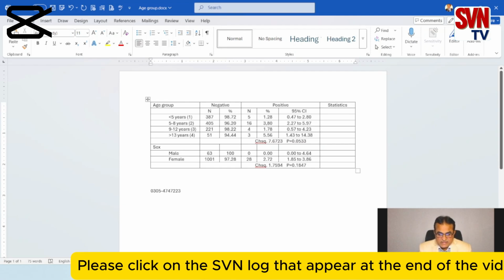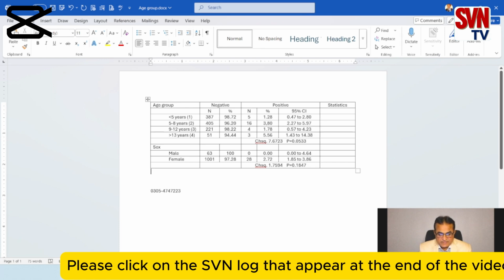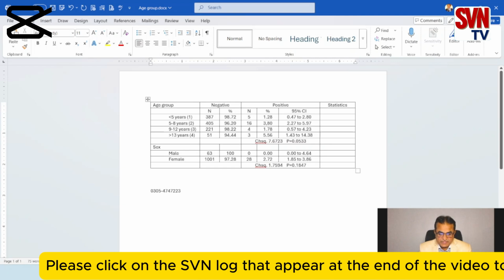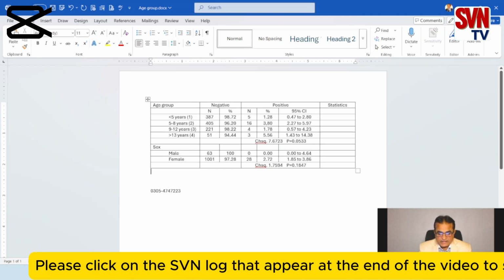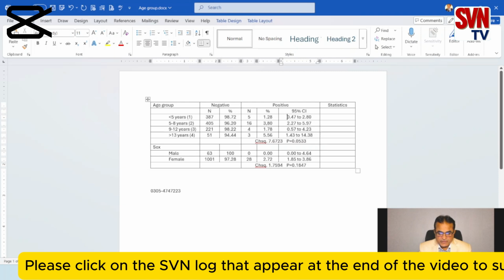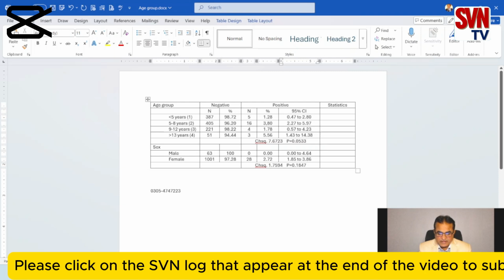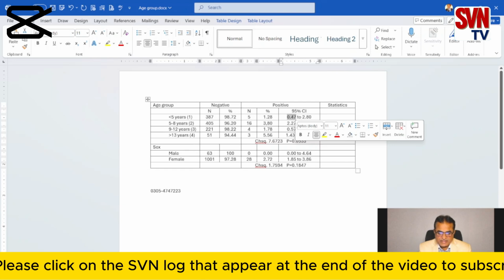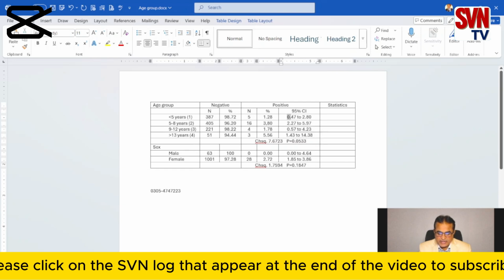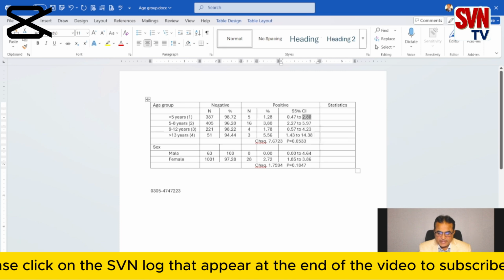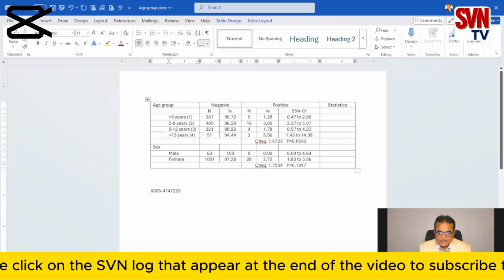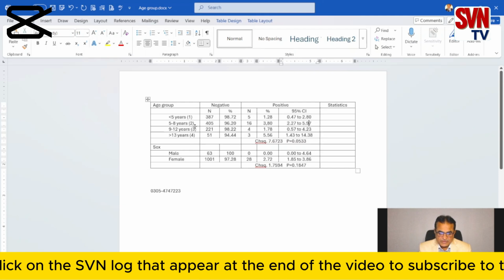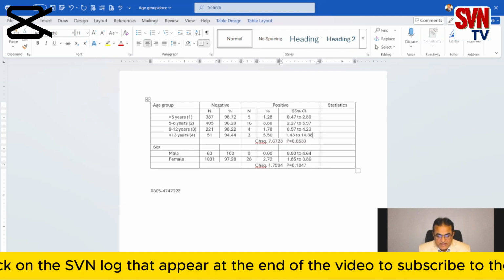It means that if the same study is conducted in the same area by anyone or by the same person, the chances are that the percentage value of positive animals will fall between 0.47 to 2.80 for this very group, and 2.27 and 5.97% for the second group. So this indicates this.